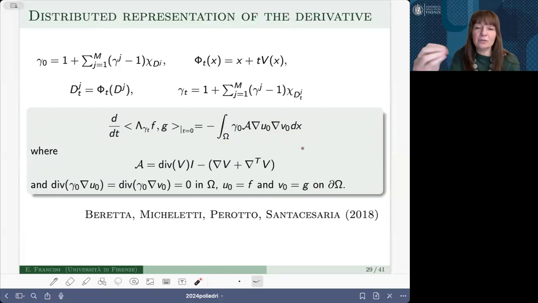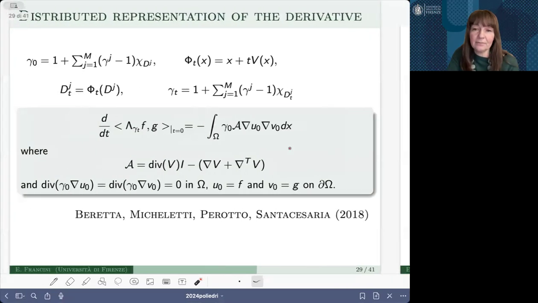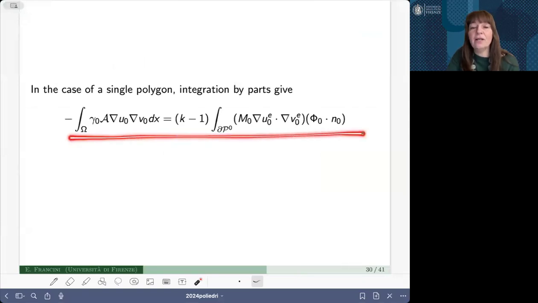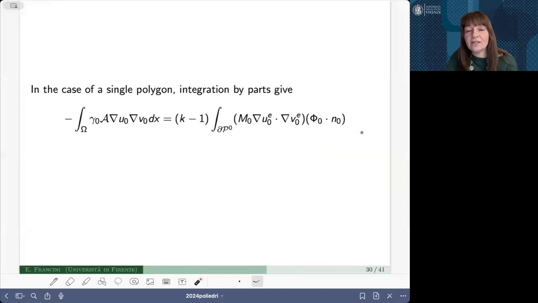So you cannot move the singularity inside if you take this form of the derivative. But this derivative is actually the same that we had before. So if you go back to the case of a single polygon, you just integrate by part in this distributed derivative, and you actually get the derivative localized on the boundary of the polygon. So we are actually doing the same thing if you can integrate by part.